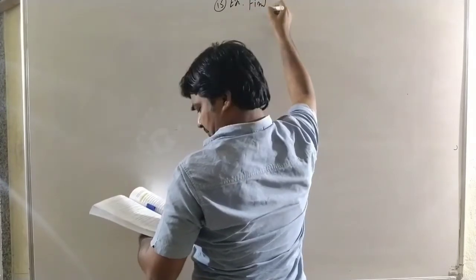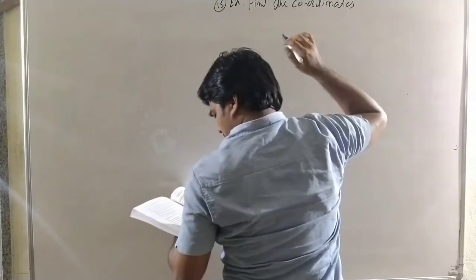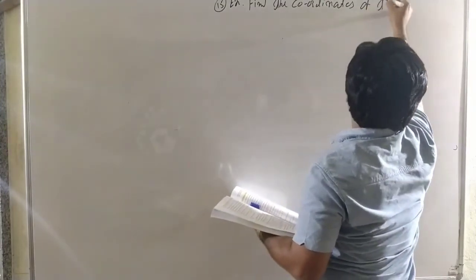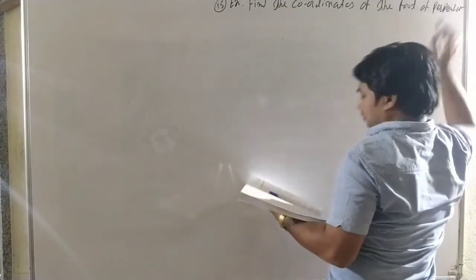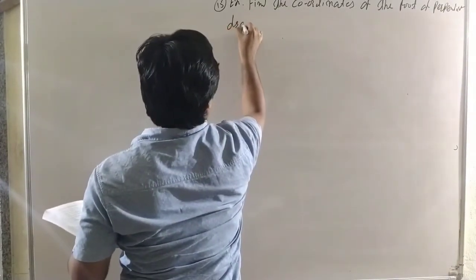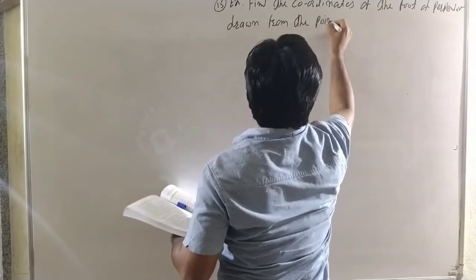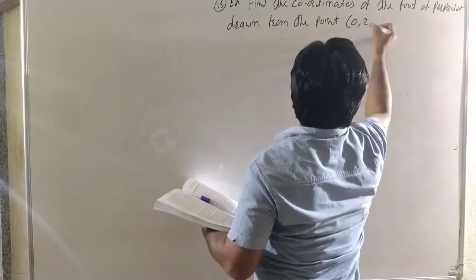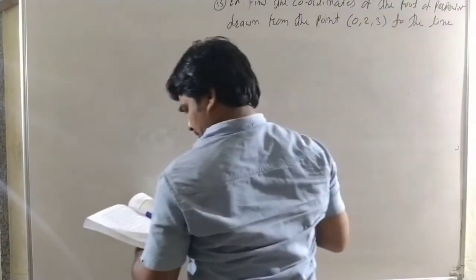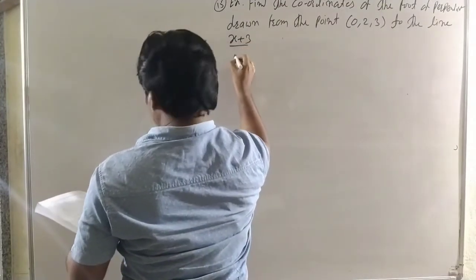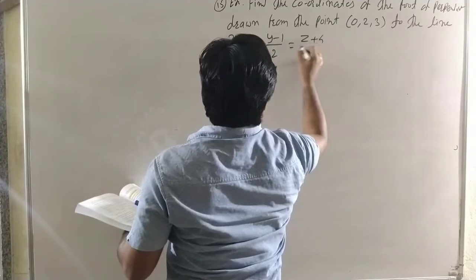Find the coordinates of the foot of perpendicular drawn from the point 0, 2, 3 to the line x plus 3 upon 5 equals y minus 1 upon 2 equals z plus 4 upon 3.